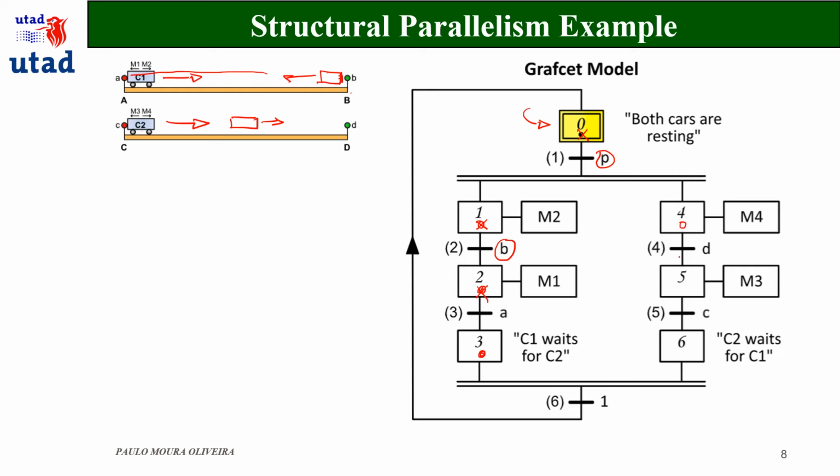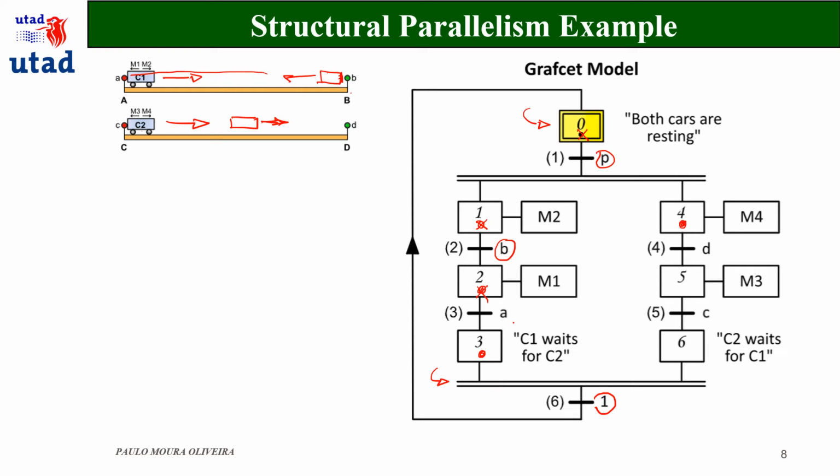At this point, it means that car 2 is still moving towards D, and car 1 has finished the cycle. However, even if this condition is 1, this cannot be cleared because it is not enabled.